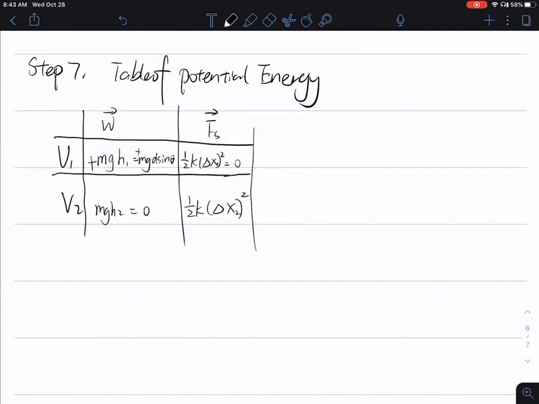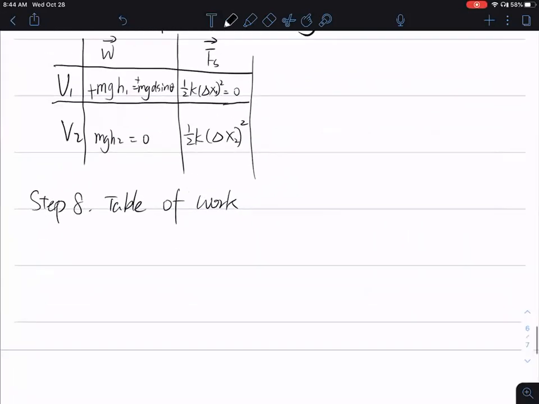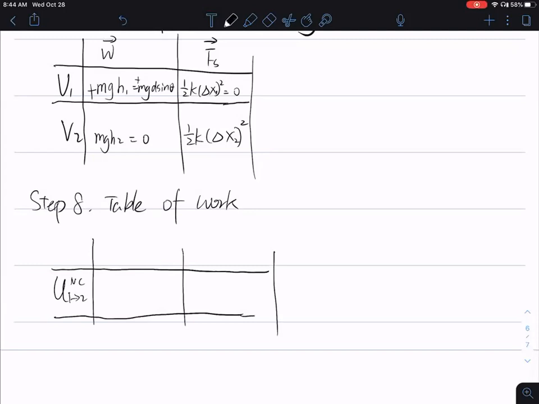Now let's look at step 8, table for forces, table of work. In this case, we have the work done from 1 to 2 from non-conservative forces. What are the non-conservative forces in this problem?